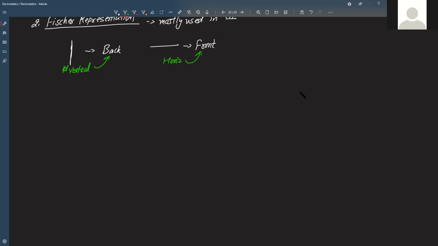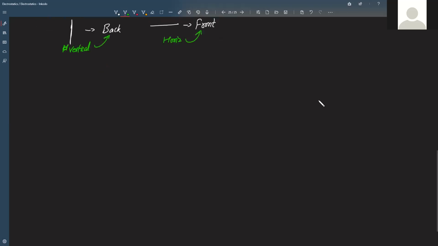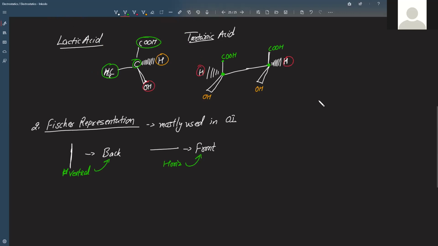So for example, let's see, we have this COOH. So now in this case, you have the central carbon atom which is in the plane, right? In this case, there are two things we have seen: back and front, and then the central carbon atom, or you can say the point of intersection, that is in the plane, right?